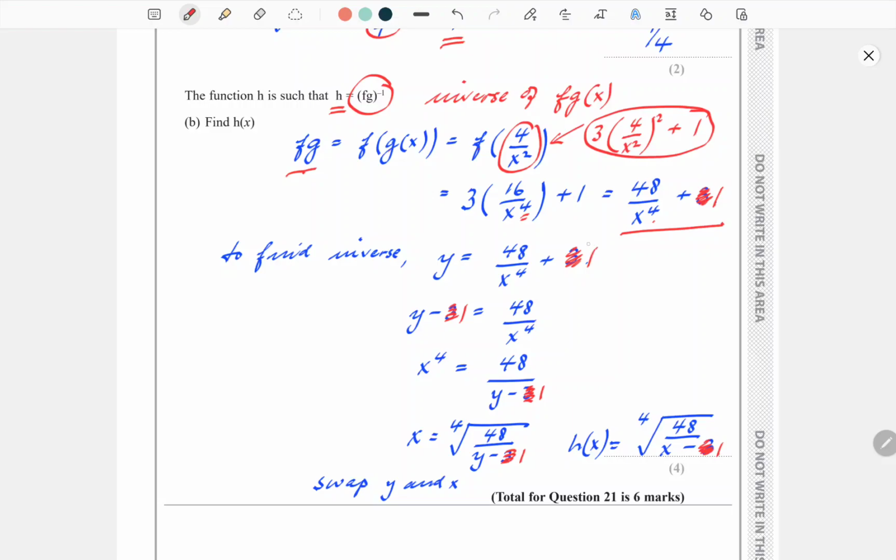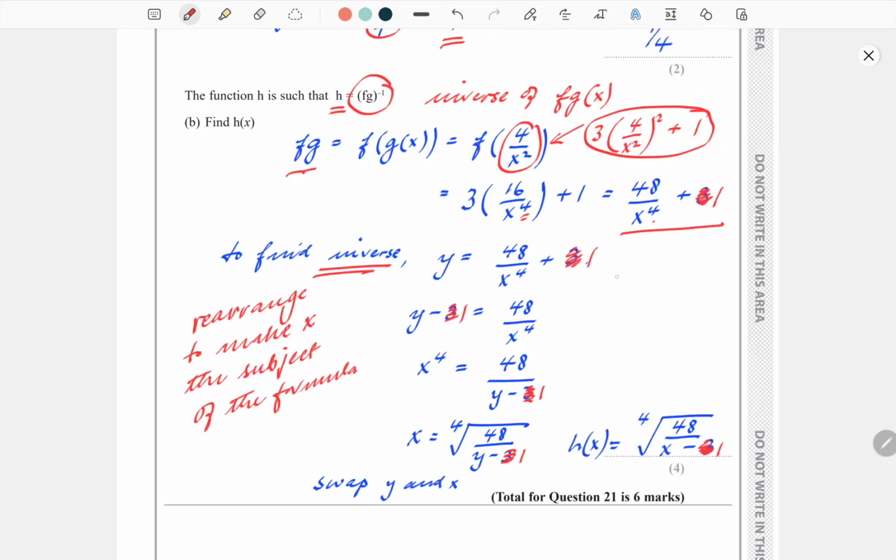So let y equal that function, and we want to find the inverse, all right? So rearrange to make x subject of the formula. All right. Now, in school, some teachers will say, well, look, write x and y the other way around.